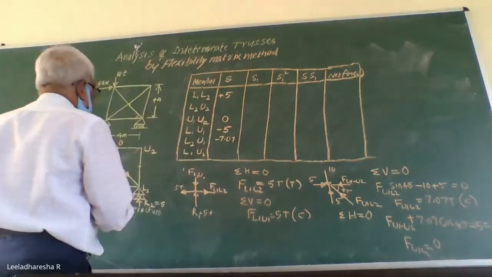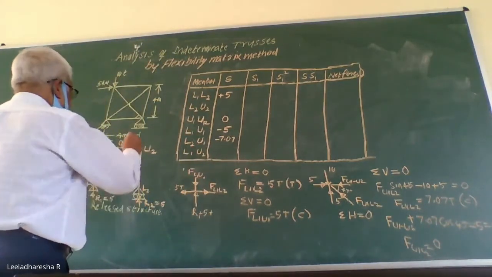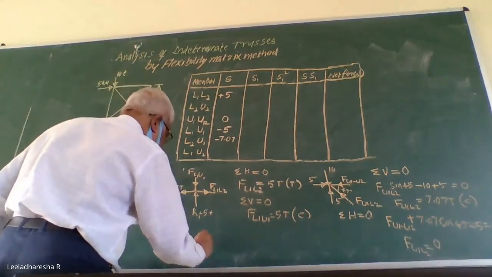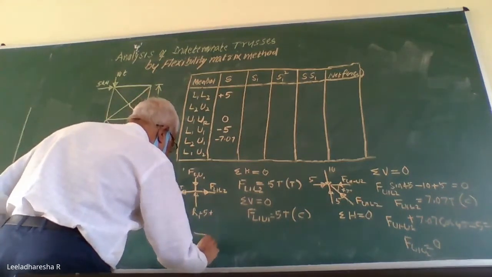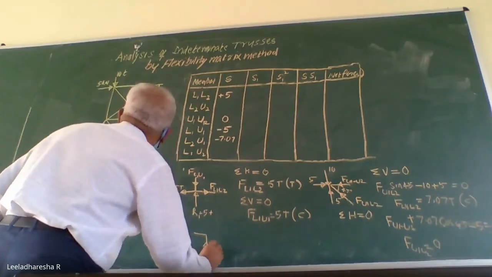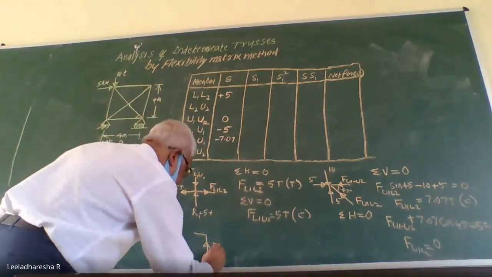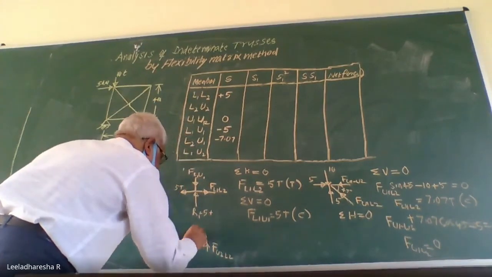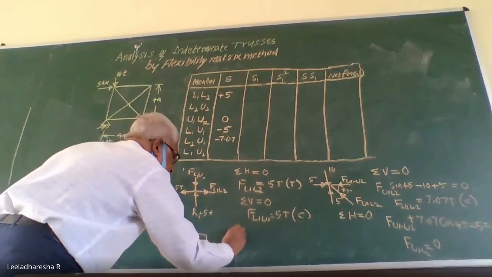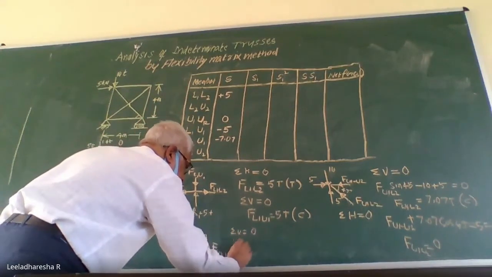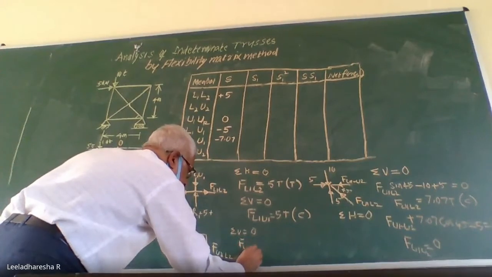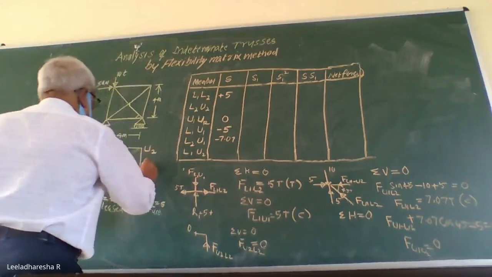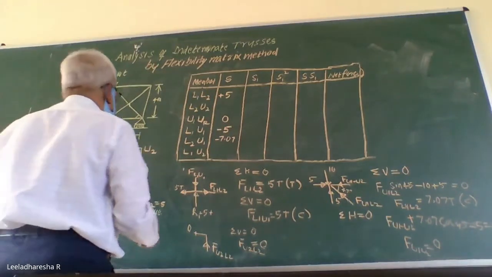Right. Next, two members are left out. Okay, we will consider equilibrium of this joint. There is no force at all. This is a zero force member. Let us say this member is F U2 L2. This is a zero. Equals sigma V to 0. So automatically you get F U2 L2 as equal to 0. So this is also a zero force member.